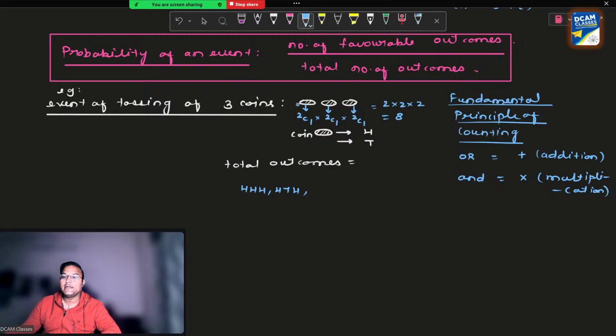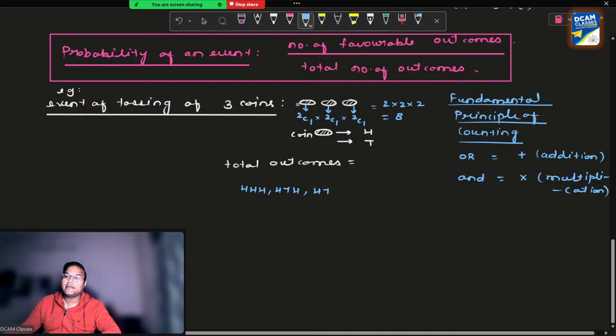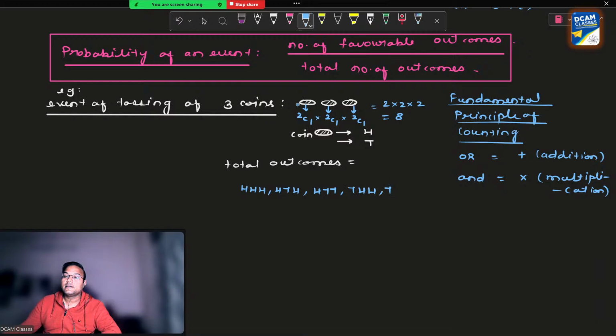How will it be? Head, head, head; head, tail, head; head, tail, tail; tail, head, head; tail, head, tail; tail, tail, tail. We should have 8 outcomes. I have written 6. Head, head, tail, HHT; and I get TTH.